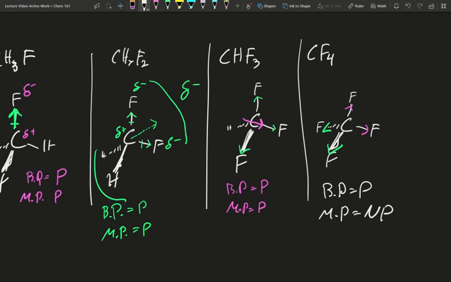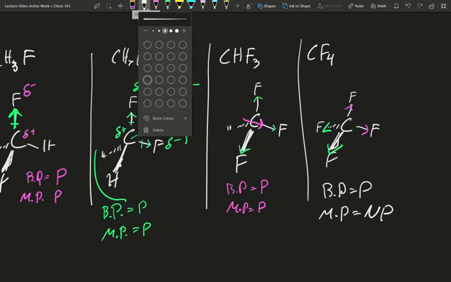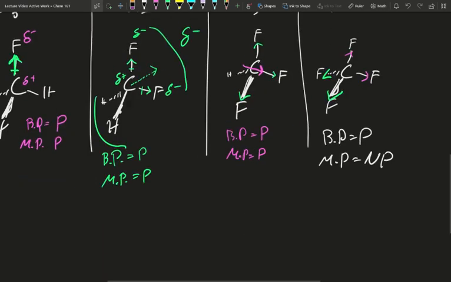So for a while, adding more fluorines just continued to be polar. In fact, it got a little bit more polar as we added more. But as soon as we add that fourth, because that fourth is canceling out the others' directions, it goes to nonpolar. This is why geometry is vitally important for us. If we'd drawn Lewis structures without geometry here, for CH2F2, well, depending on how you drew it, you might have thought it did or didn't have polarity.